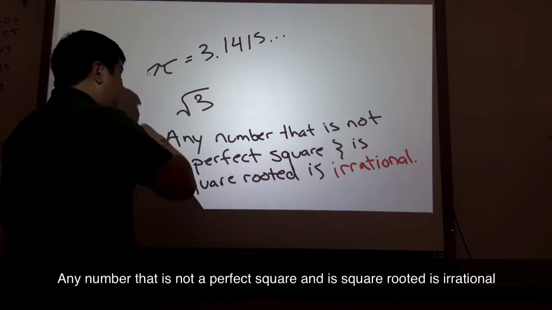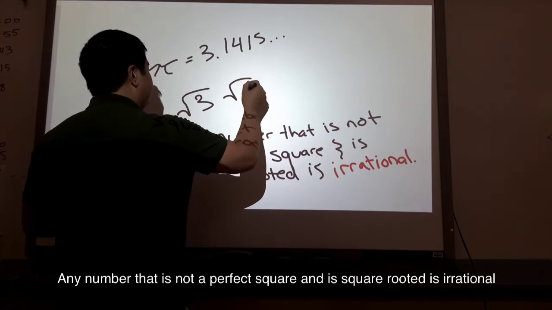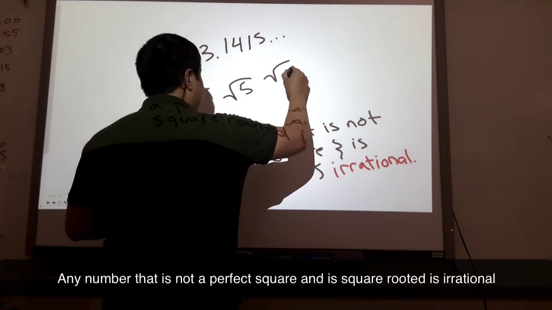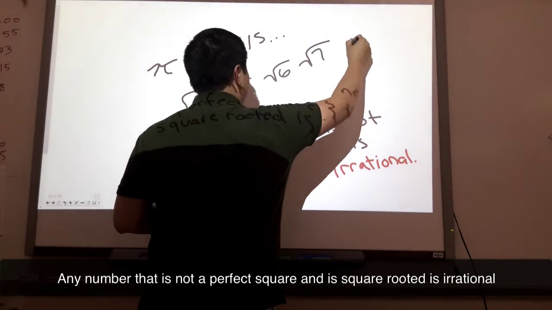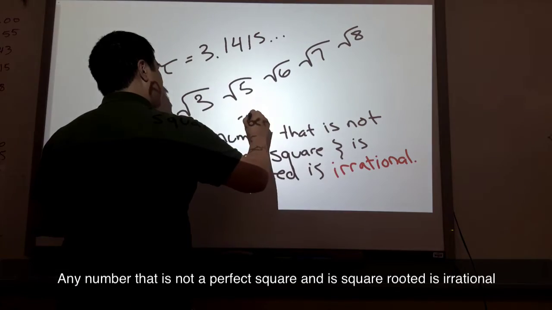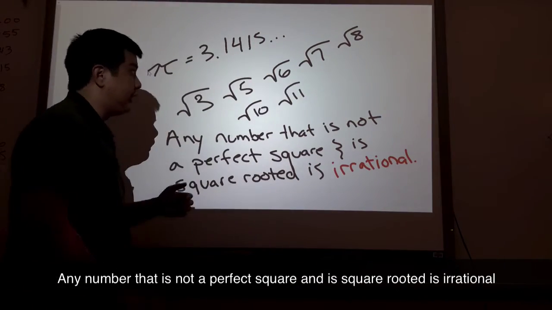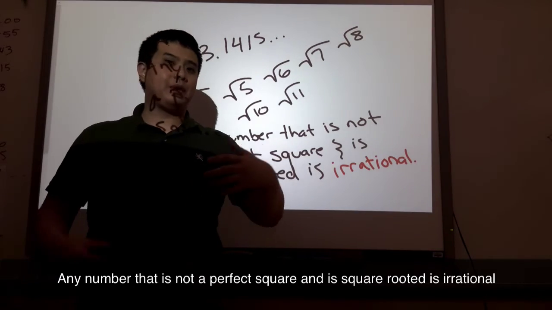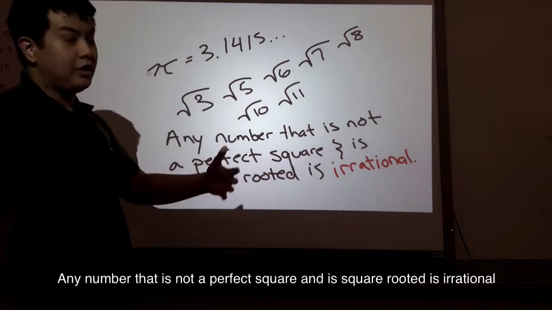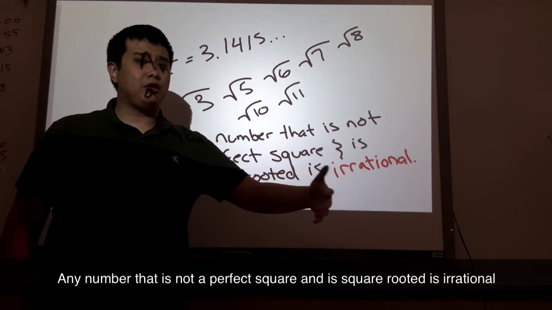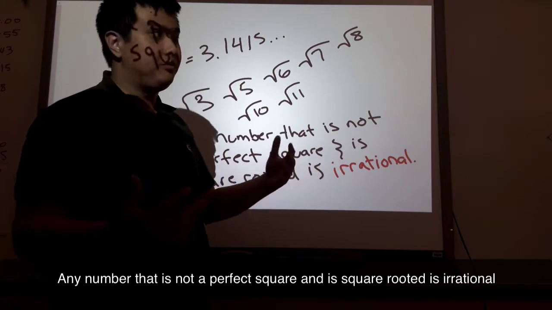So that includes square root of 3, square root of 5, square root of 6, square root of 7, square root of 8, square root of 10, square root of 11, and so forth and so on. Okay, any number that is square rooted but is not a perfect square is going to result in a number that goes on and on, but never repeats, making it irrational.